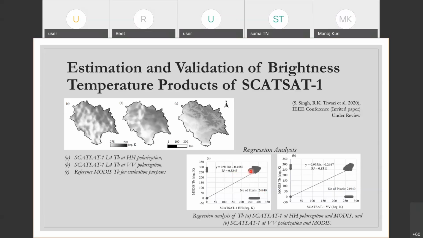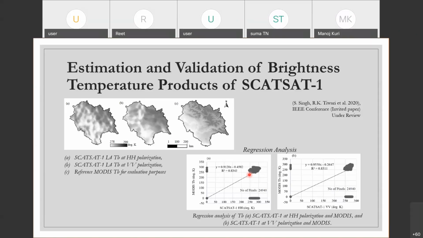One reason for the difference in accuracy, the 83%, could be the lower resolution of the brightness temperature retrieved from SCATSAT-1 data, because MODIS brightness temperature is available at 500 by 500 meter pixel resolution, while the SCATSAT-1 resolution is around 2.2 kilometers.